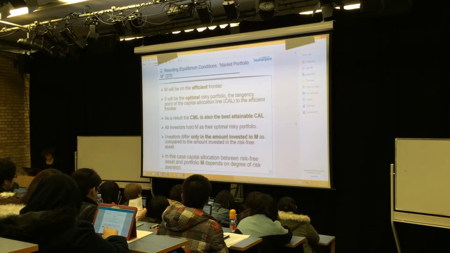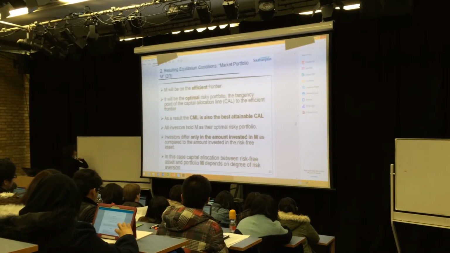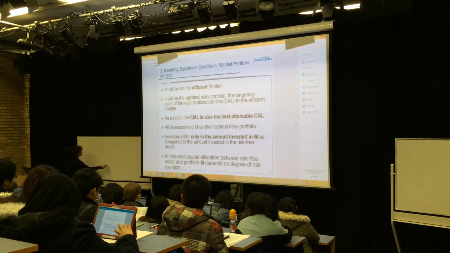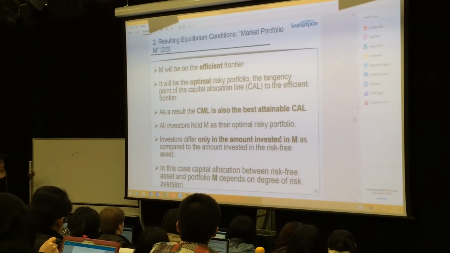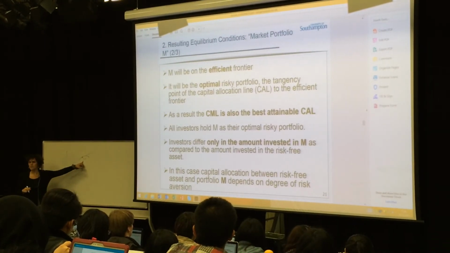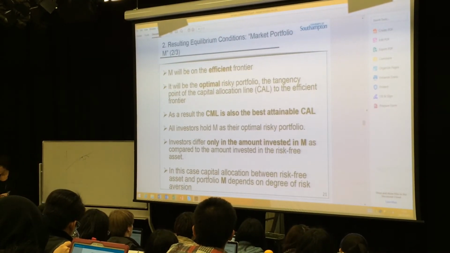So we have something like that. This is my market portfolio, and people invest their money in it, as it is the optimal portfolio.